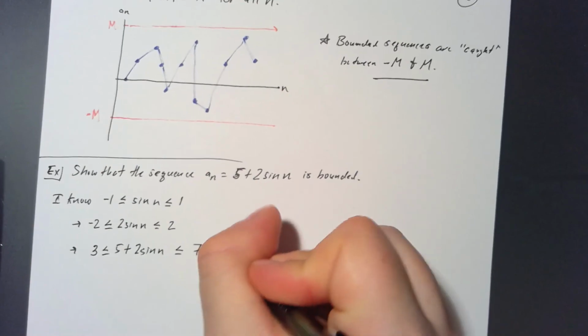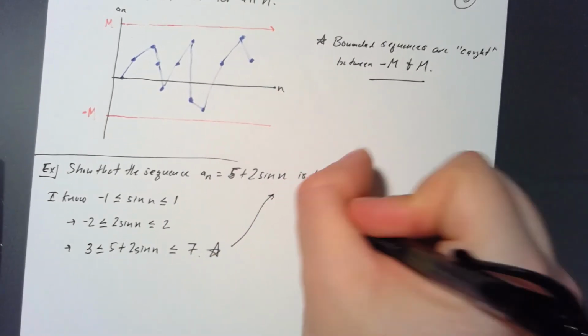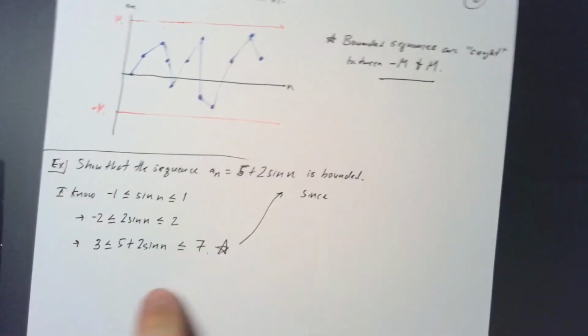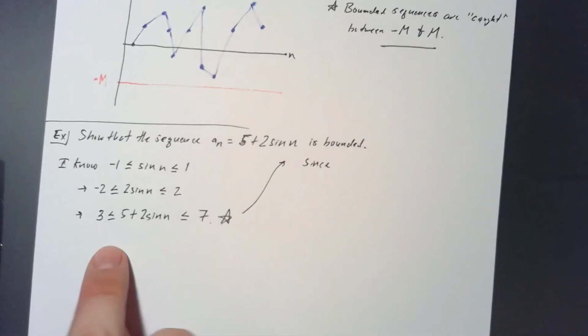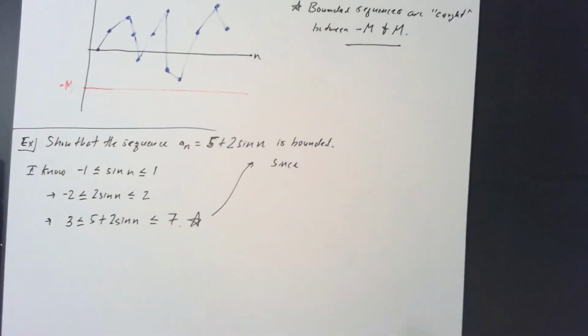So because of this, I could say the following. I could extend this to be the same value and say this is -7 if I wanted to.